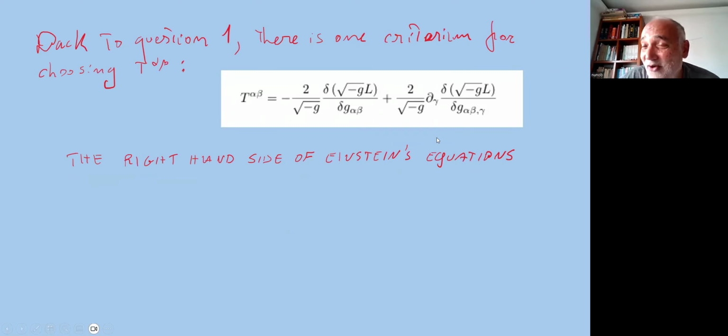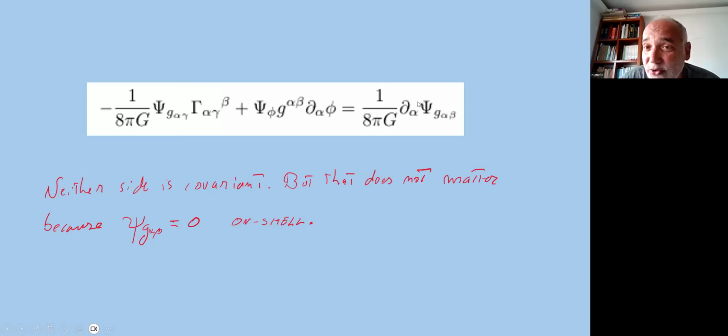The point, of course, is that this is not covariant: neither the left-hand side, where you have a connection, nor the right-hand side, because as we just saw, it would need to be a vector, not a tensor, in order to be covariant. But there is no problem in not being covariant, because the currents that show up here are nothing but the equations of motion, which are 0 on shell.